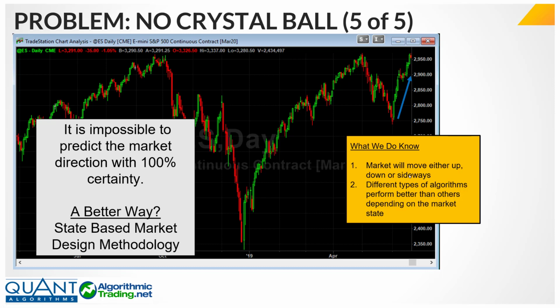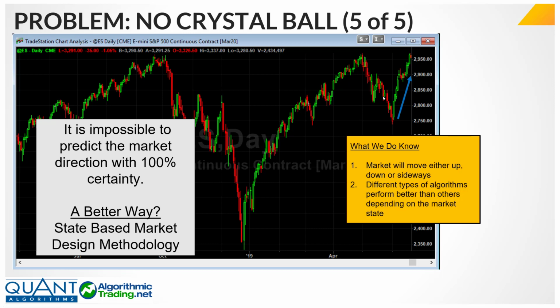If the market has momentum and is going higher or lower, then a momentum kind of algorithm will tend to do better, and a breakout algorithm will as well, and a swing trade probably will do better. If it's going sideways, again, a day trade might do better than a longer term swing trade, because the day trade could get in and out more quickly, expecting the market to kind of trade sideways.